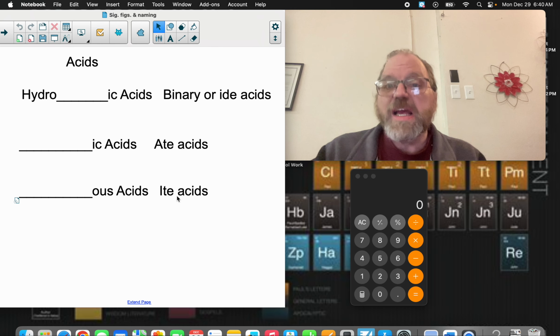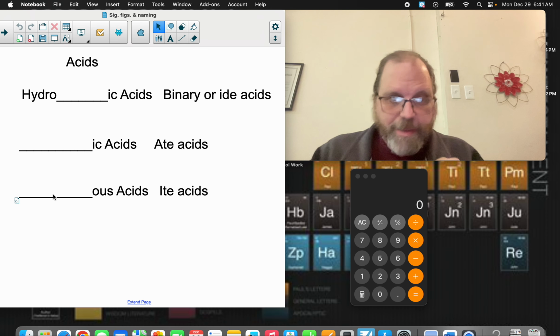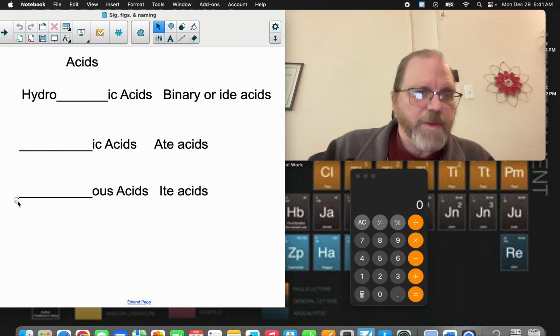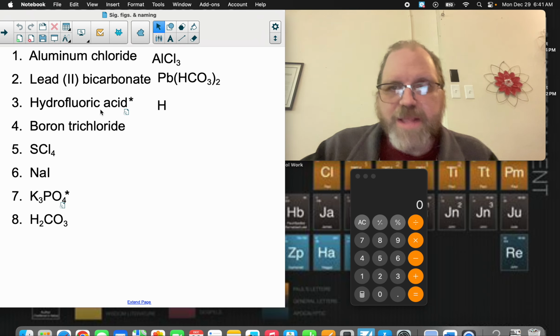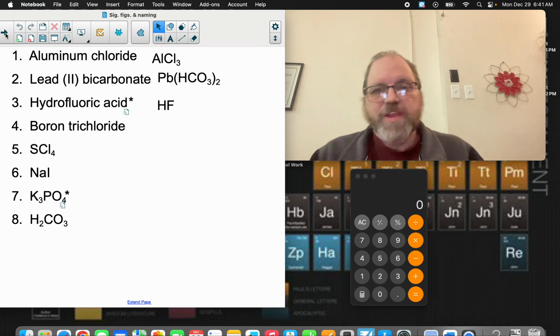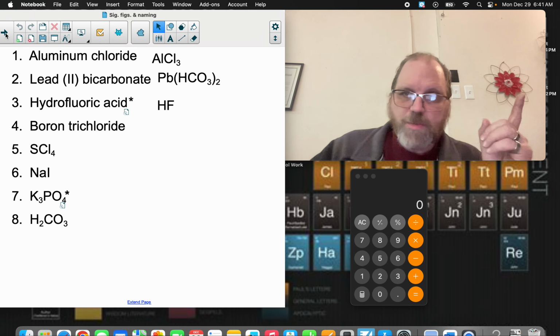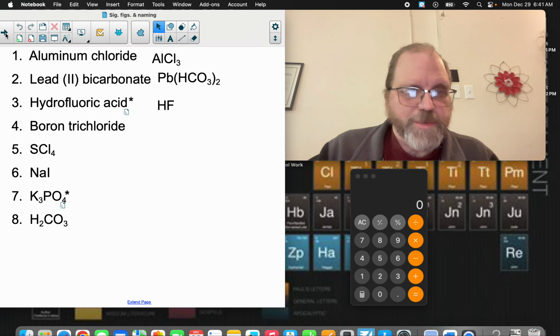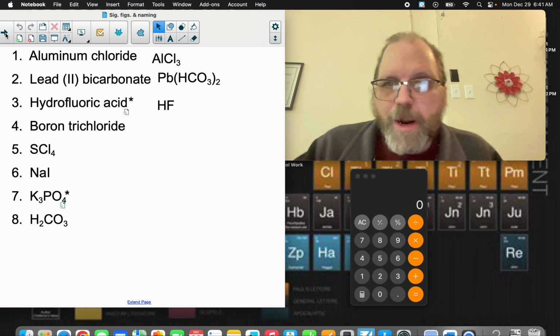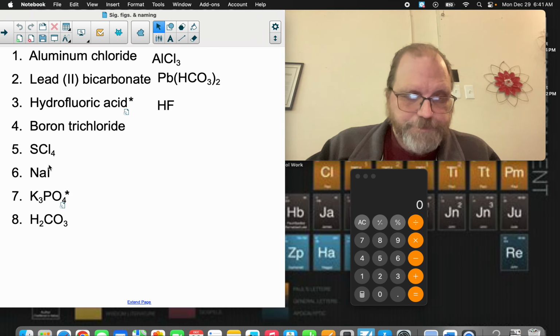And if it's a polyatomic ite acid, then it's an ous acid. Okay, so this one is hydrofluoric, so that's binary. Fluoric will be fluorine, so put that there, oxidation number, hydrogen's +1, fluorine's -1. That's it, we're done.